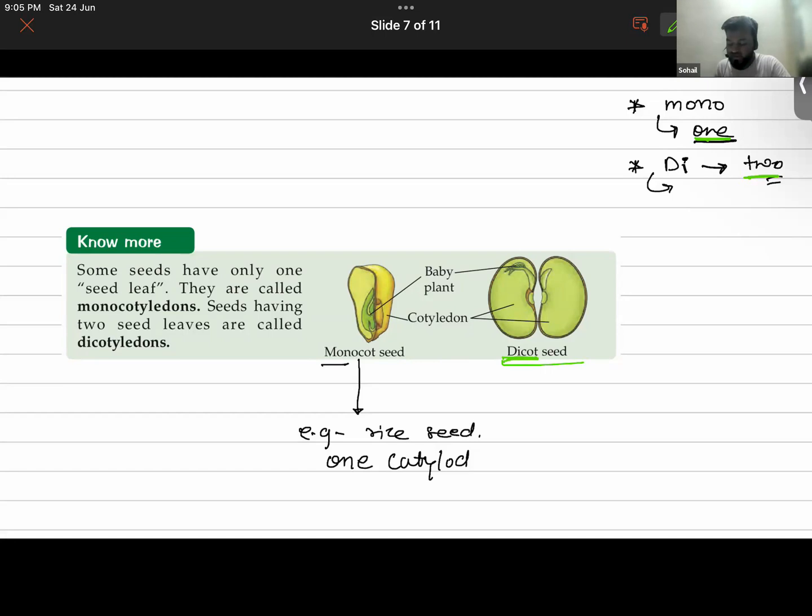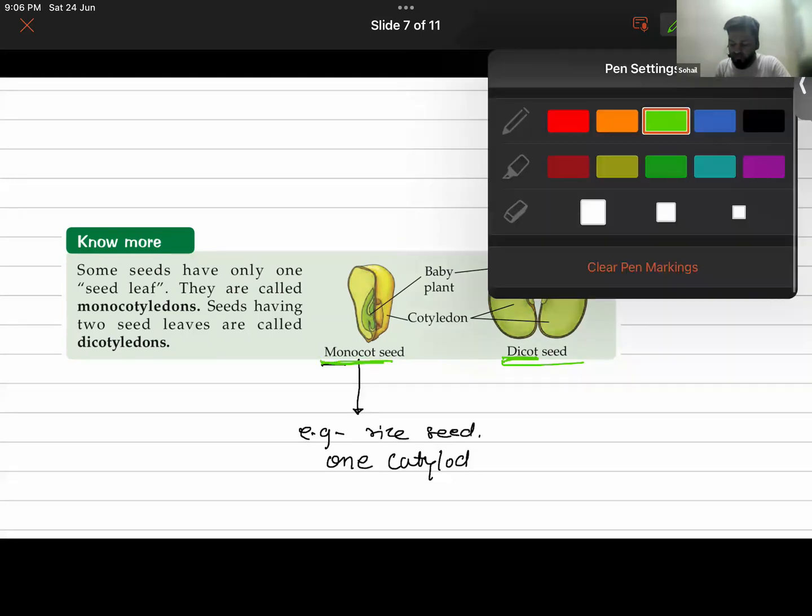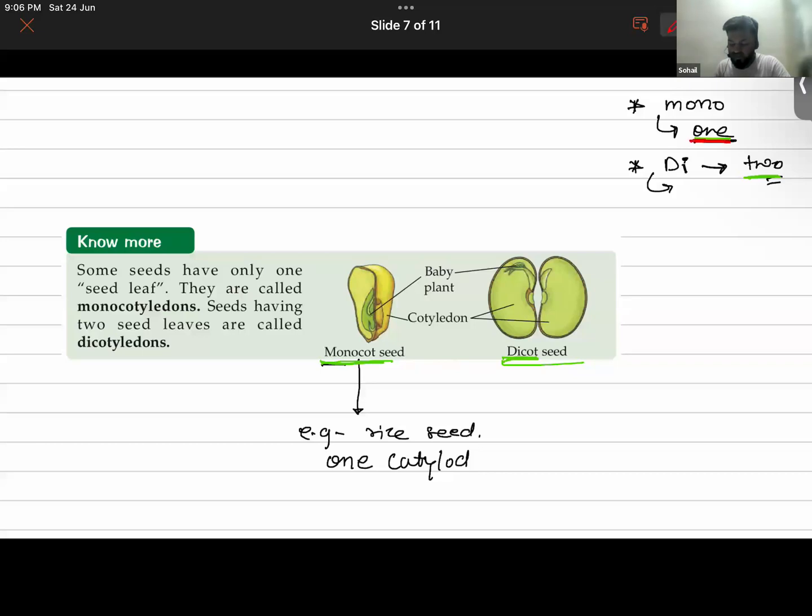We know di means two, and seeds where there are two cotyledons we call dicot seeds. Seeds in which there is only one cotyledon we call monocotyledons. We know that mono means one, so those seeds in which there is only one cotyledon we call monocot. Hope that's clear. Clear? All right then, very good.